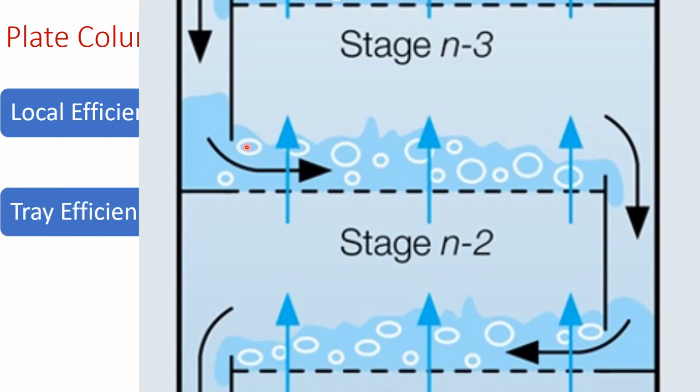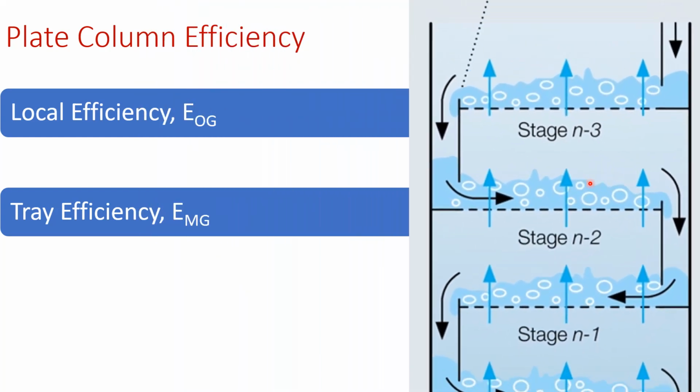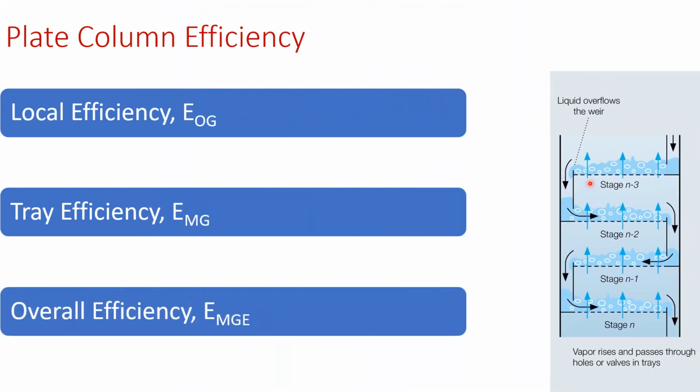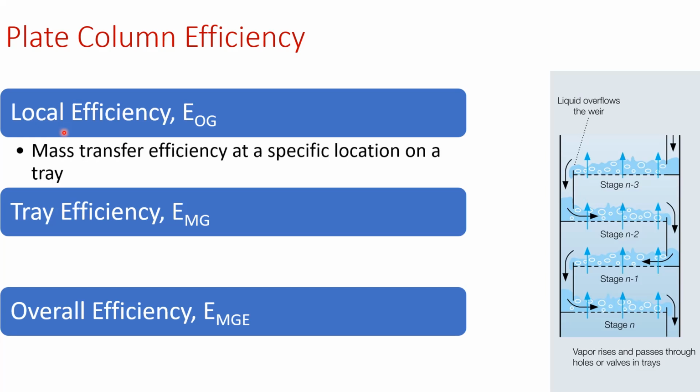And once we know the tray efficiency, the mass transfer efficiency of a single tray, we again have to generalize this value of efficiency for the whole column, and therefore we will have the overall efficiency. So now we have three types of efficiencies. The local efficiency, which is the mass transfer efficiency at a specific location on a tray.